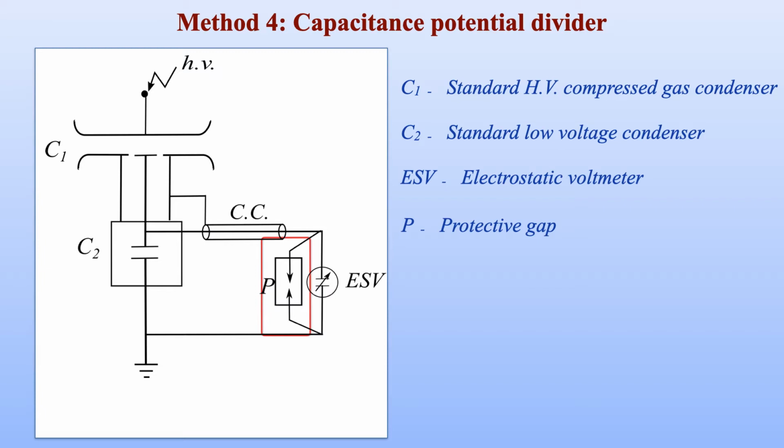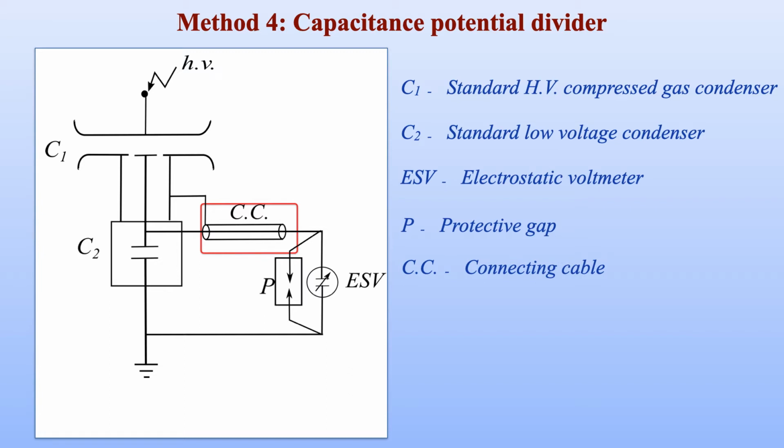This protective device will be able to prevent damage to the electrostatic voltmeter. The next element is a connecting cable. This cable connects the measurement assembly to the potential divider capacitance circuit through a shielded cable, again to prevent any stray capacitances.